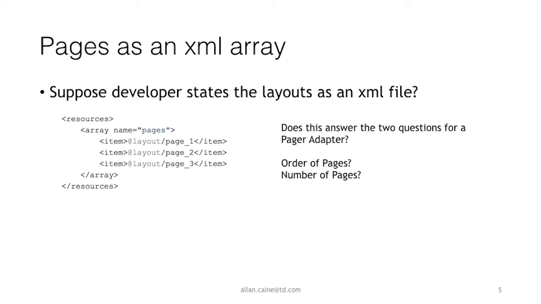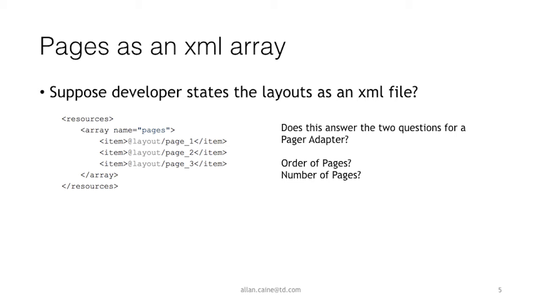So the question becomes, would this be enough information, if we could read the XML file, to qualify as an adapter? And the answer is, of course. If we can read it, we know how many items there are, 3, and we know what the order is because that's implied by the order in which they appear in the file.